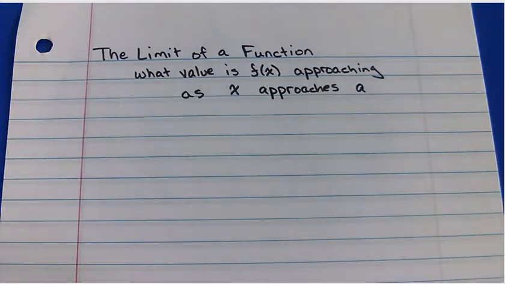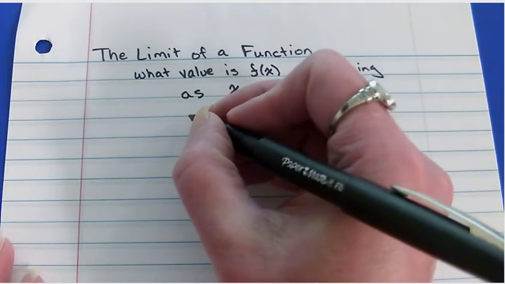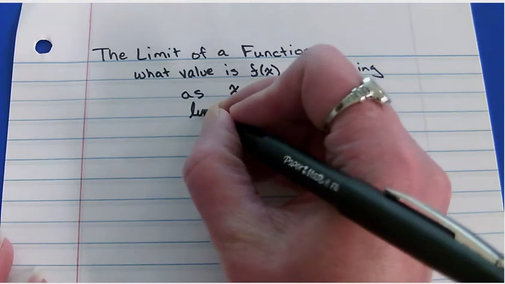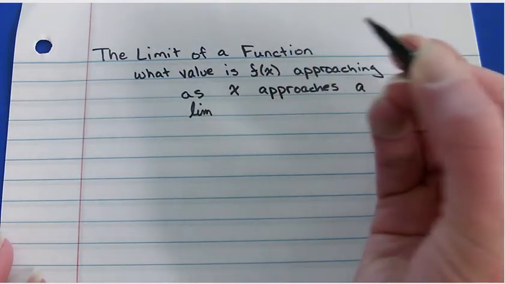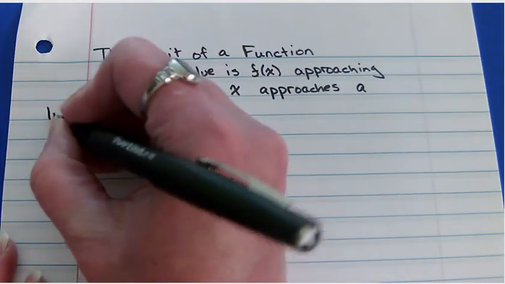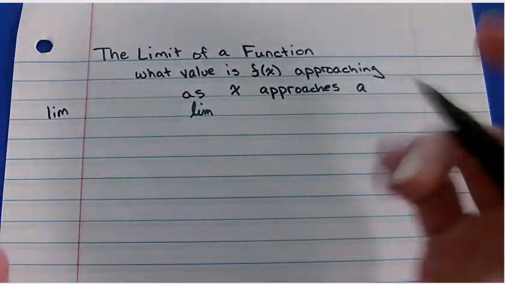And instead of writing all those words, what value is f of x approaching as x approaches a, we use a different notation. We use limits, and I tend to write L-I-M in cursive so it doesn't look weird.